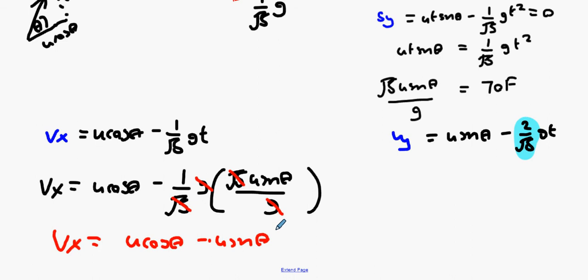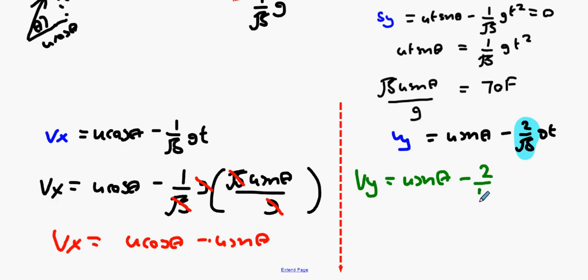Please remember, Vy has to be a guaranteed negative. There can be no ifs, buts or ands about it. It has to be a guaranteed negative, otherwise you're wrong. So Vy equals u sine theta minus 2 over root 5 g, and then slot in your t value, which is root 5 u sine theta all over g.